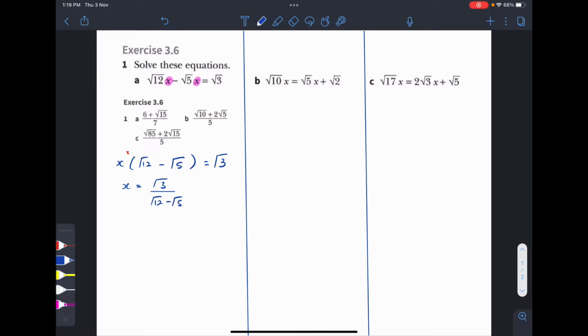What do we do then? Well, if I'm not mistaken, in exercise 3.5 or was it 3.4, they started teaching you how to rationalize the denominator. So that's exactly what we must do here.